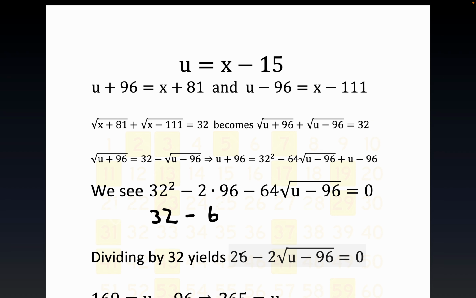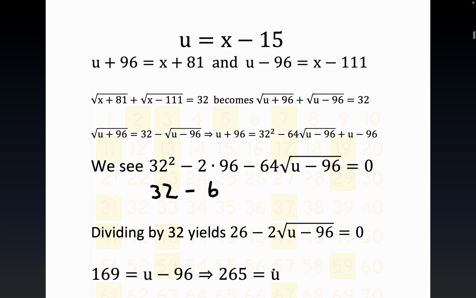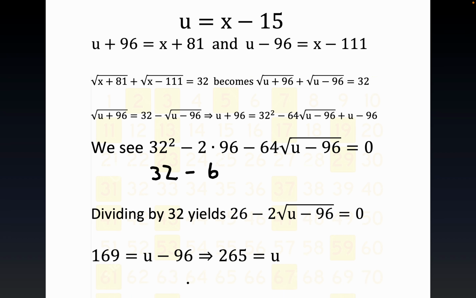Then minus 64 divided by 32 is 2, which is what you see right here. If you divide this by 2 and square, you end up with this statement here. If you divide both sides by 2, you get the square root of u minus 96 is equal to 13. That's where this 169 comes from, which is 13 squared.